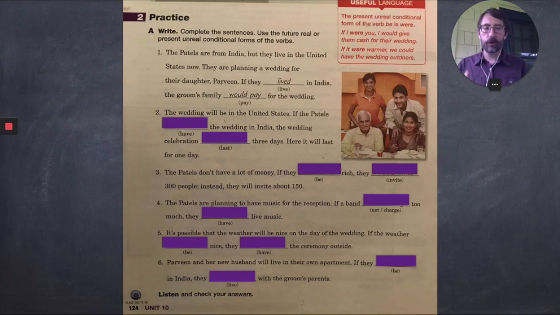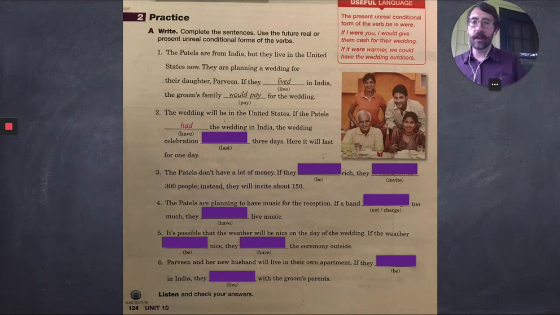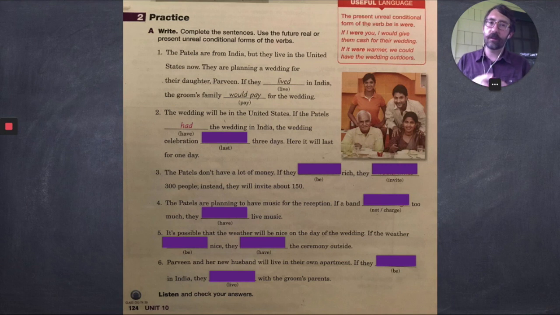So with our if clause, we're going to use the past tense. So, had. If the Patels had the wedding in India, so in this pretend world where they imagine what life would look like in India, this would be true. This is not possible, though.